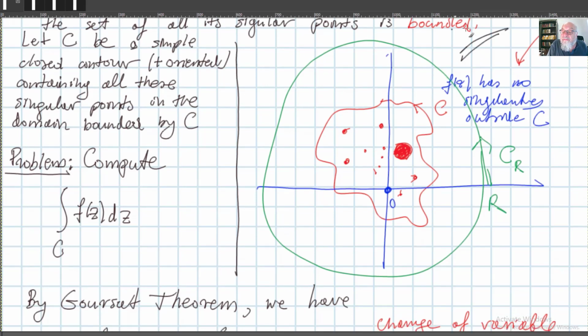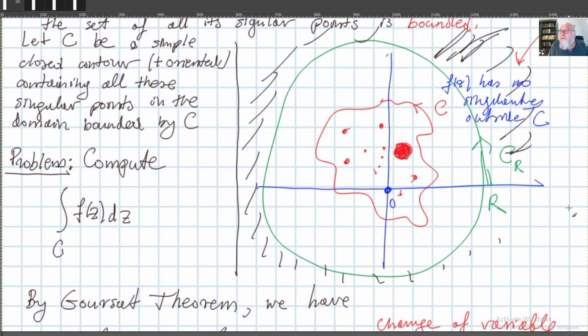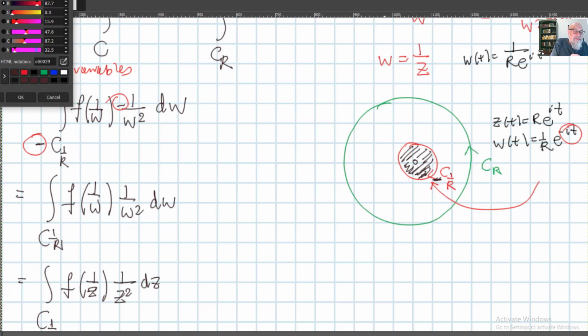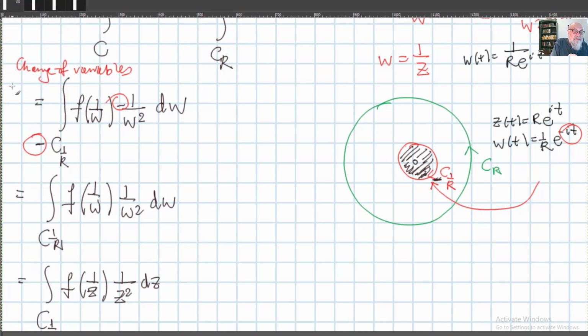This outside part goes inside the circle, excluding the origin. So that means everything goes inside, and there are no singular points except one of them, namely the origin, 0. So 0 can be a singular point.